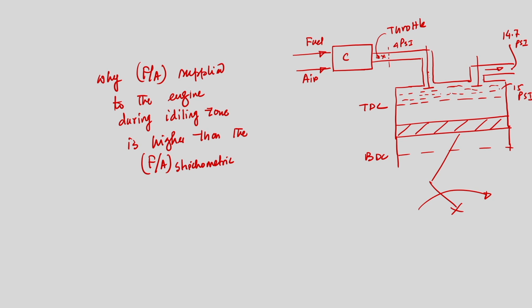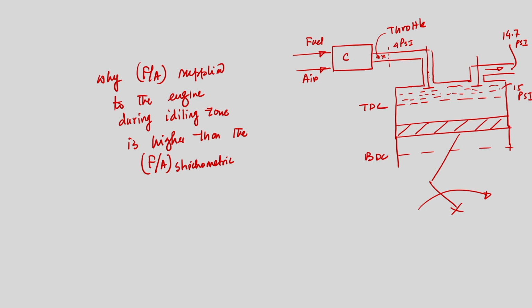On top of that, the residue from the previous cycle will mix with the fresh charge, and the mixture will be much leaner. The charge we are supplying during the intake stroke will be mixed by the residue gas, and as a result the charge will be lean.